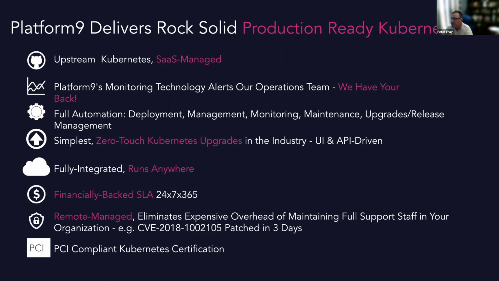We simplify the decision of how to deploy Kubernetes. We deliver upstream Kubernetes straight from the GitHub repo, offered as a SaaS managed service. Our monitoring, that Gotham's spoken quite a lot about, and our operations teams, you can consider them as the guys who have your back in managing your Kubernetes clusters.